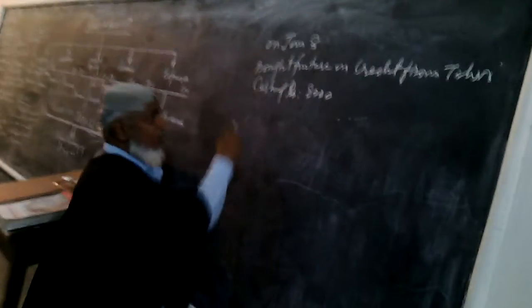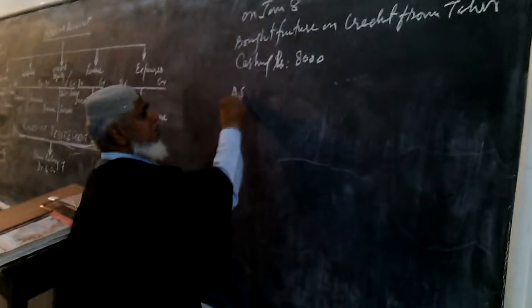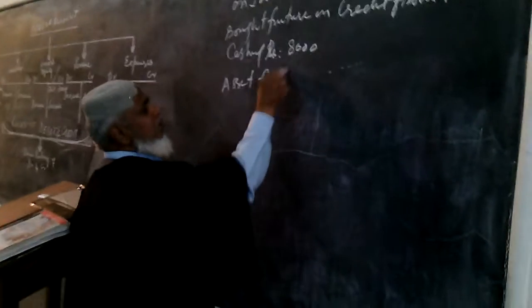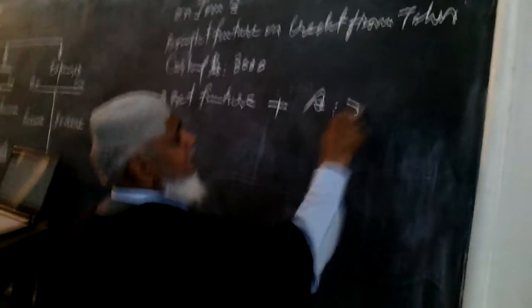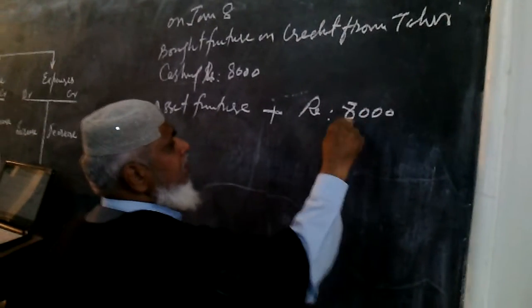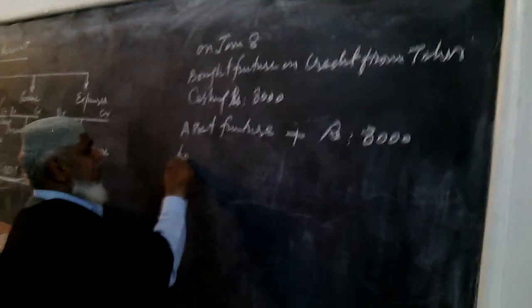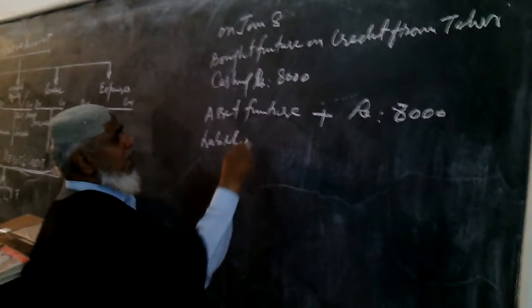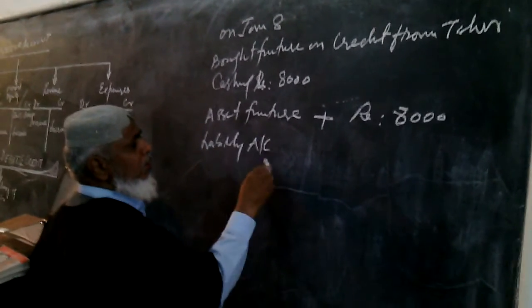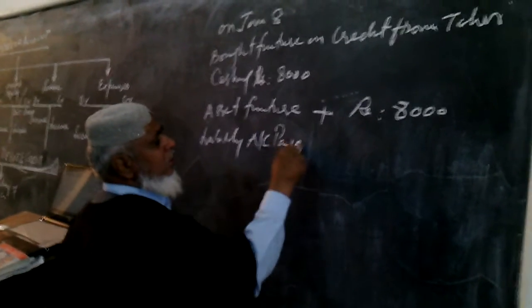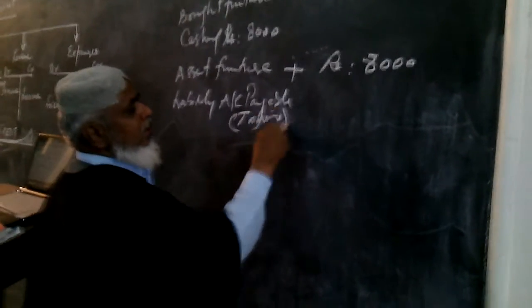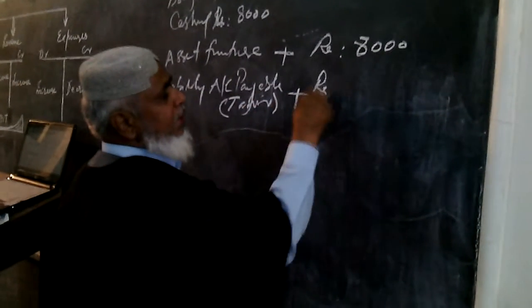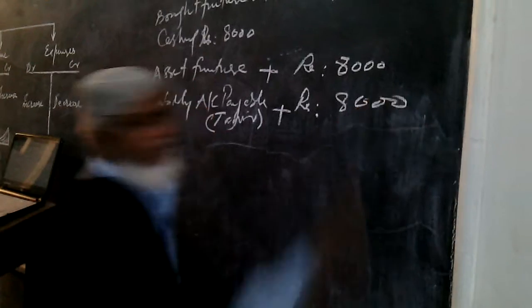Now analyze this transaction. Furniture asset increases by rupees 8,000, and liability account payable, Tahir, is also increased by the same amount, 8,000.